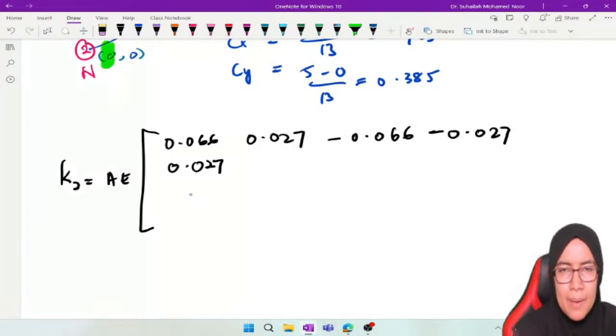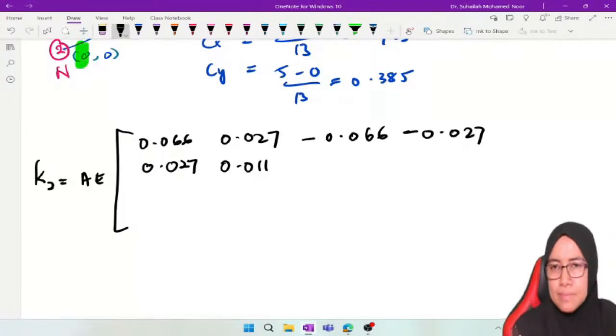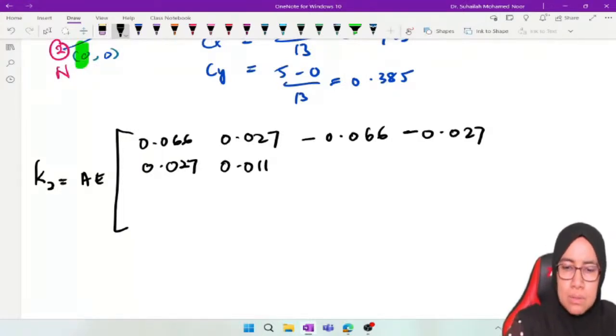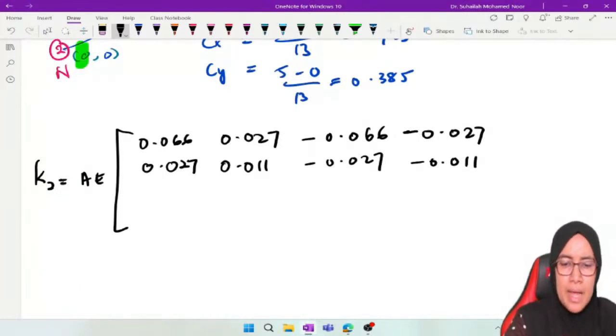It is 0.011. So negative 0.027, just complete the matrix. Negative 0.011. Okay, next, negative 0.066.